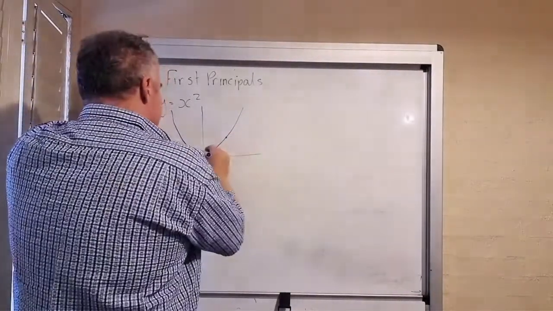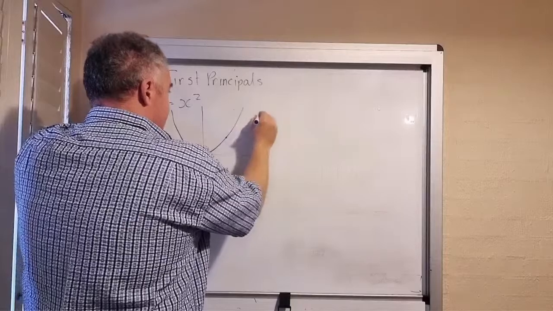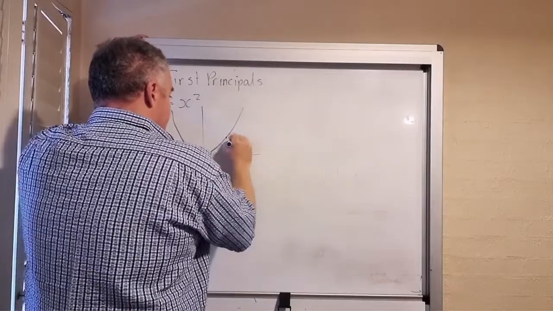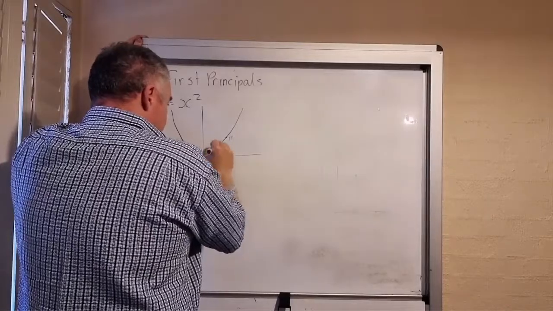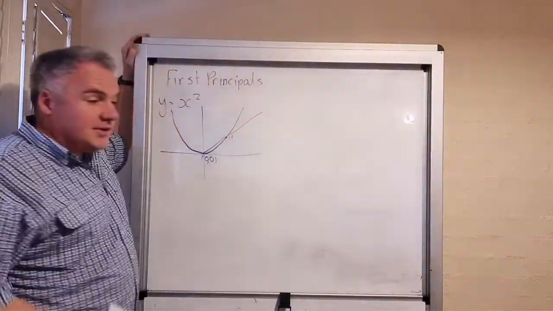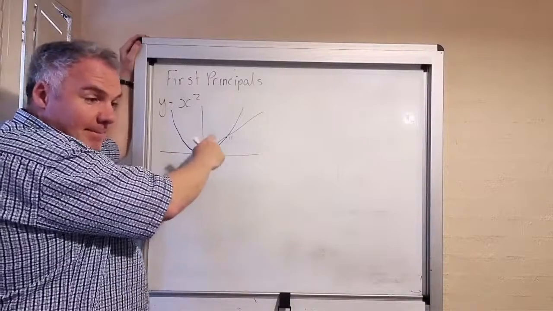You can use an average rate of change between, say, the point (1, 1) and (0, 0), but you're going to get that gap.